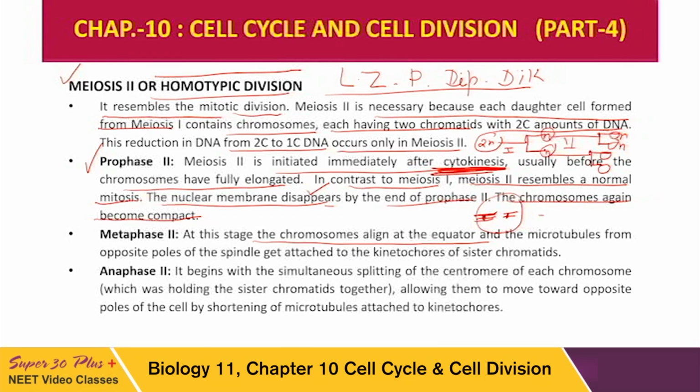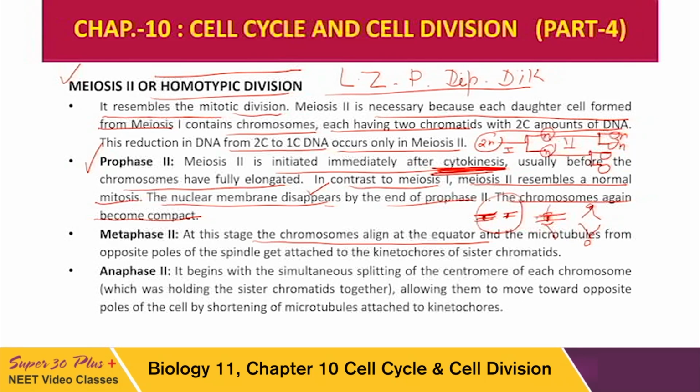As I told you earlier, at the centromere, on both sides, there is a kinetochore plate where the spindle fibers will attach. And in anaphase second, what will happen? It is the chromatid which will go to the opposite pole, not the full chromosome.